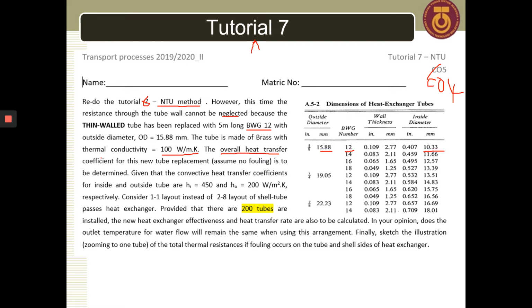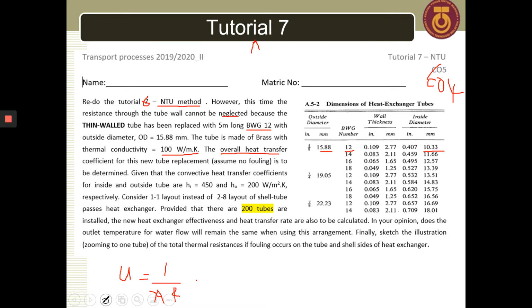That means you have a different value of U. Remember, U is equal to 1 divided by the area multiplied by the total resistance.